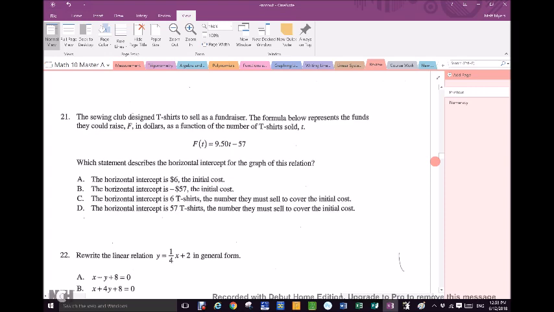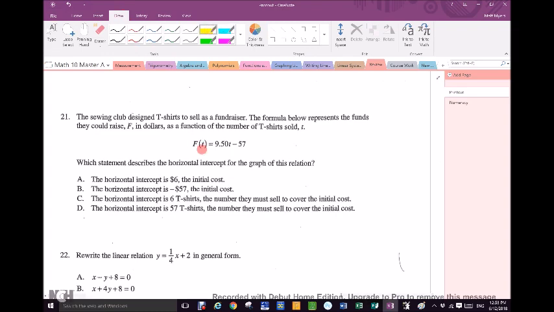Why is this difficult? How could I write this to make it easier? X's and Y's, because that's what we're used to. Is your world made up of X's and Y's? When you drive down the street, are you going at 80 X's divided by Y?